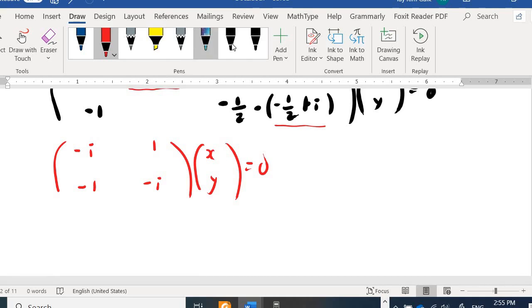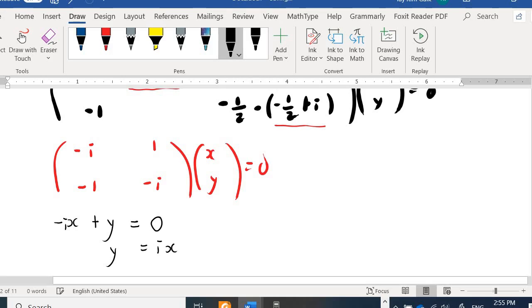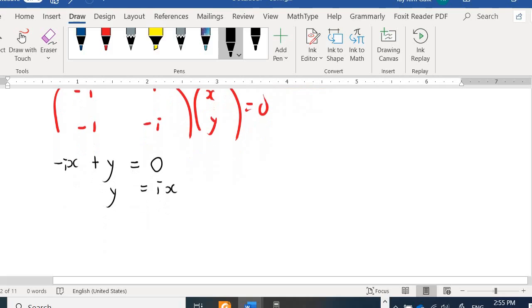So row 1, I will have negative i times x plus 1 times y equal to 0. That's why y equal to ix.